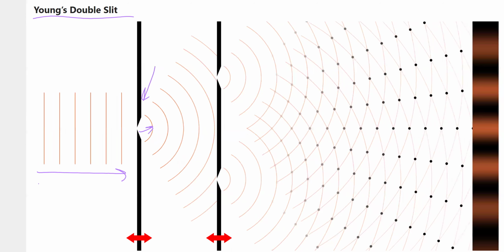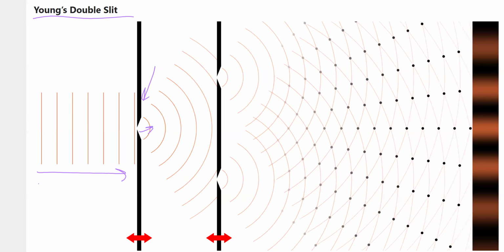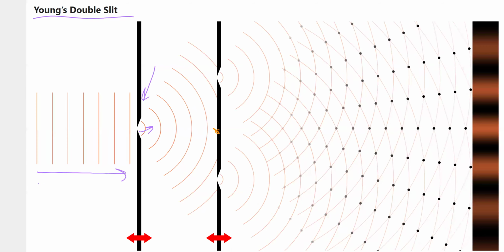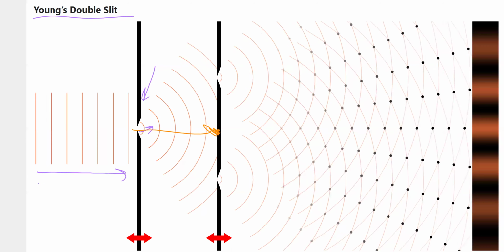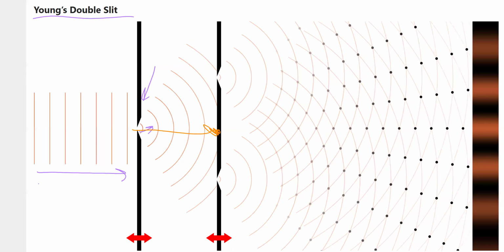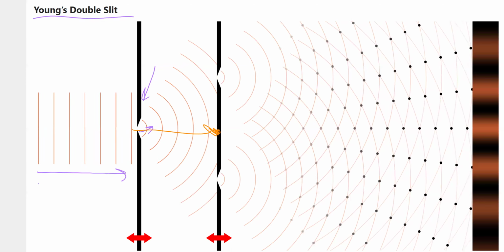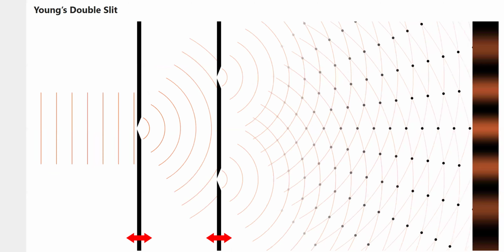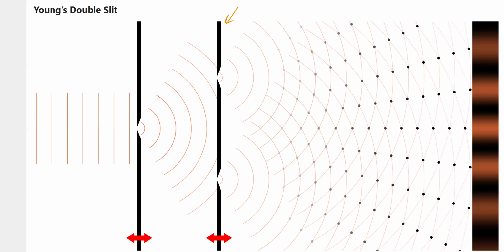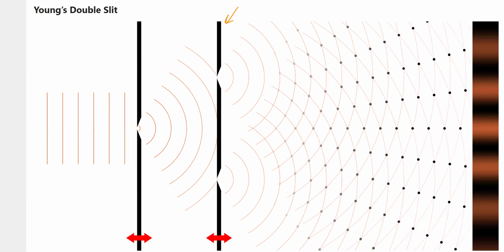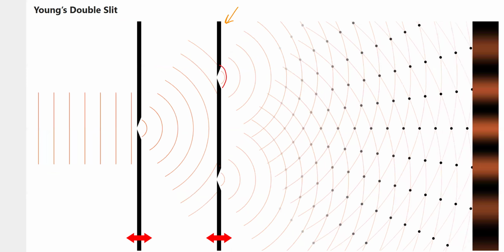Because if it were particles, it would move directly and stop here only, from this slit. But now, as you see, it moves as waves in all the directions. Now if we make another barrier with two slits, this is one slit and this is one slit.